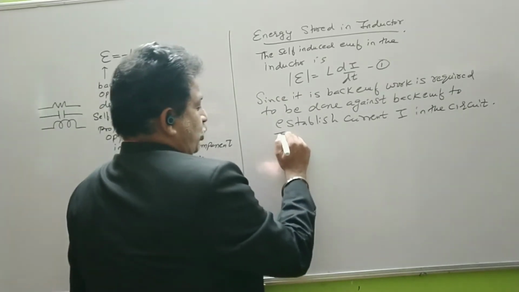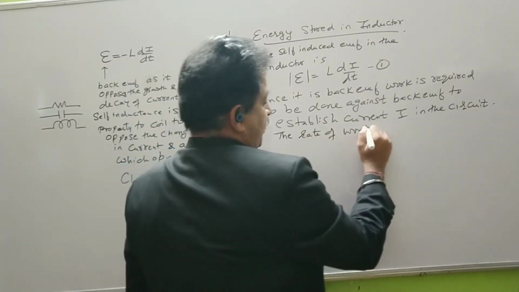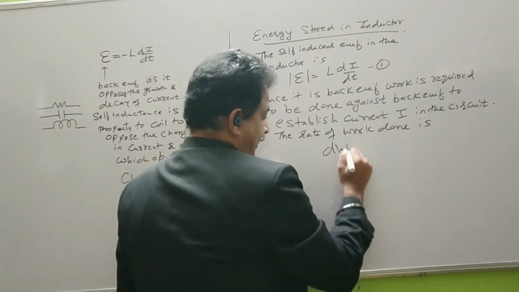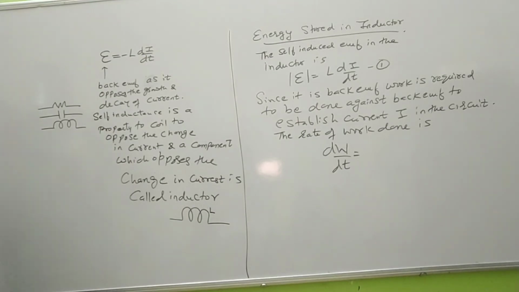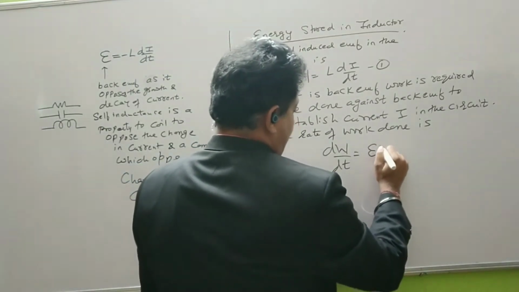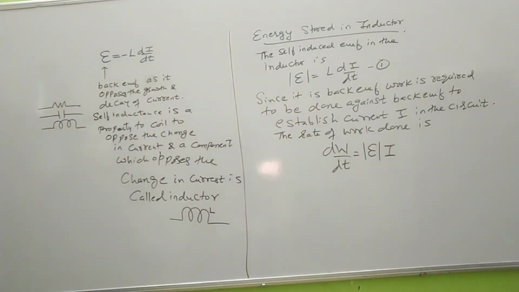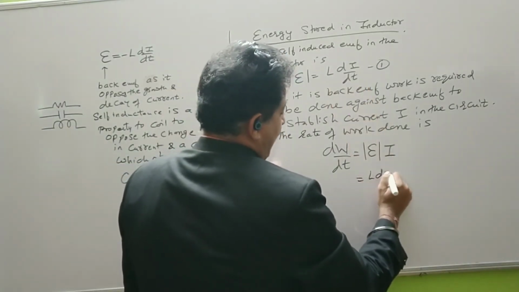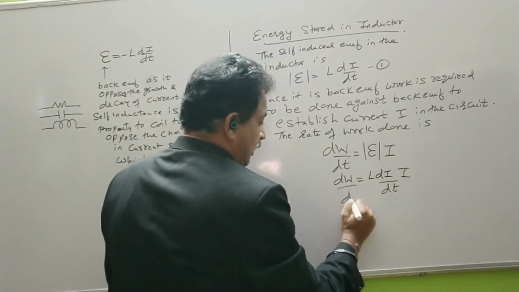The time rate of change of work, or the rate of work done, is dW by dt, that is the power, the work done per unit time. So power is equal to V into I. Here I write magnitude of EMF multiplied by I. So substituting this value of back EMF, that is L di by dt into I, we get dW by dt.